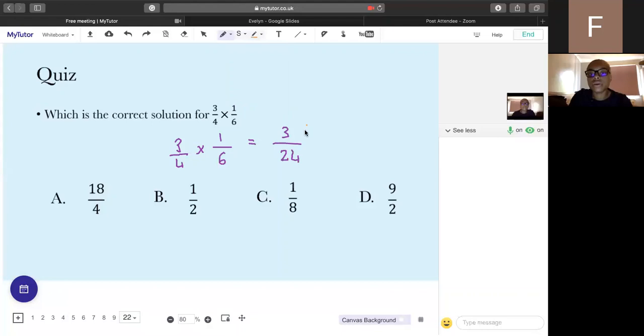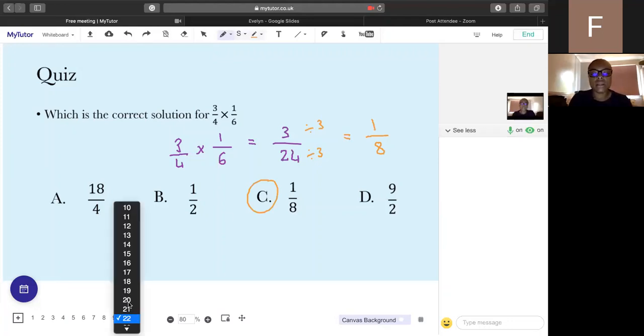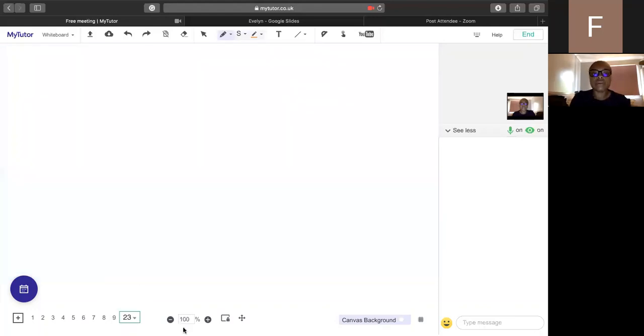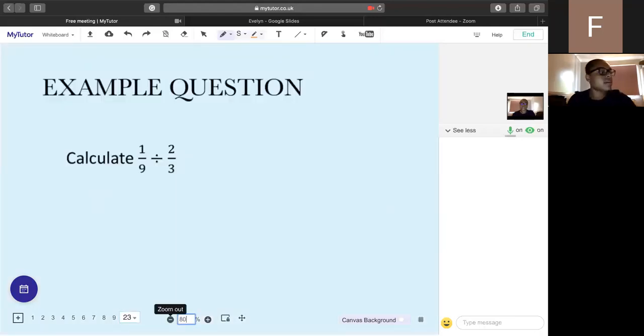So I can divide the numerator by 3 and my denominator by 3. I would get 1, because 3 divided by 3 is 1, and 24 divided by 3 is 8. So my answer would be C, 1/8. Hopefully multiplying makes a lot of sense. So now we're going to go through an example question on dividing.